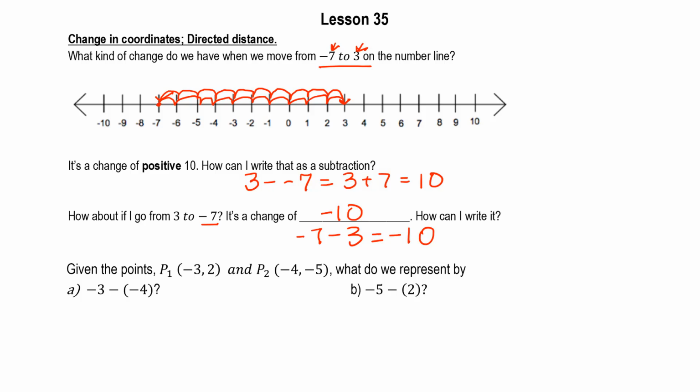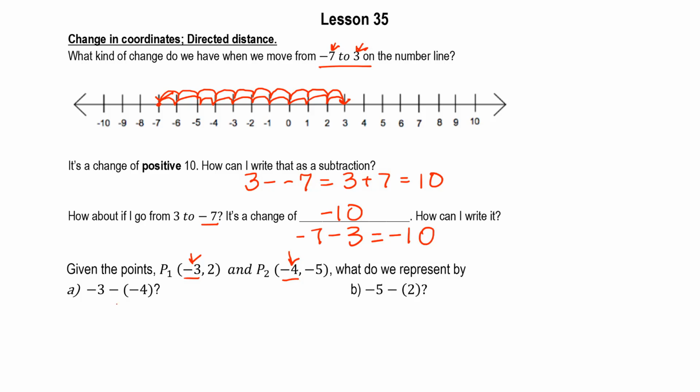Now we're going to talk about a change in coordinates. Given the points P sub 1 equal to (-3, 2) and P sub 2 equal to (-4, -5), what do we represent by -3 minus -4? Those are the x coordinates of these two points. We're going from -3, which comes first, and -4 comes second.